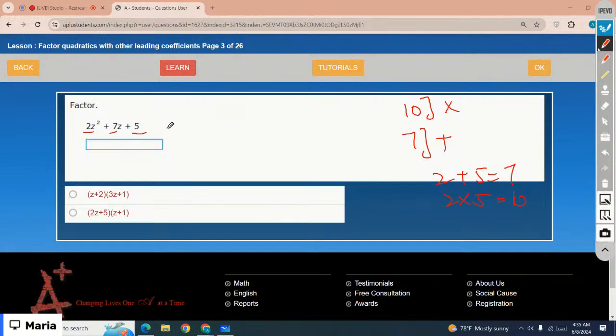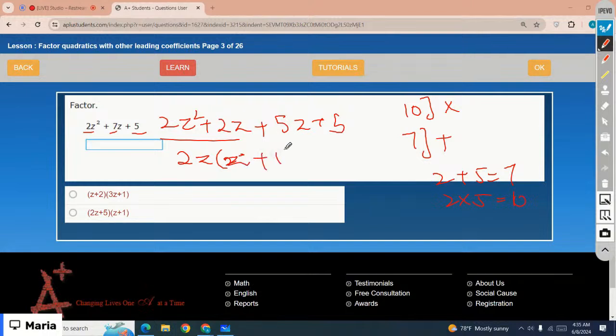So let's just do 2z square plus 2z plus 5z plus 5. So you have 2z common, you are left with z plus 1. Here you have 5 common, you are left with z plus 1. So z plus 1 is the common factor, and you are left with 2z plus 5.